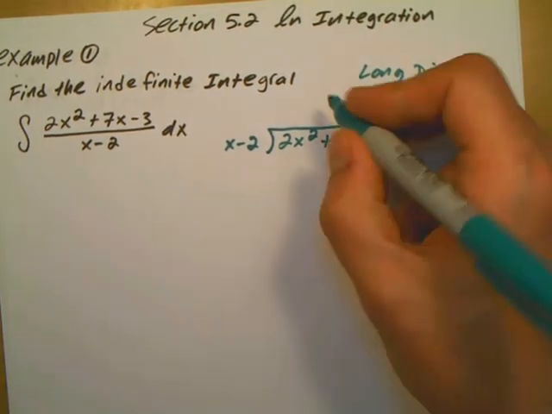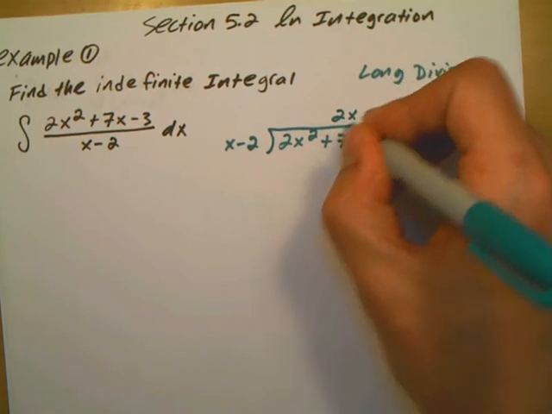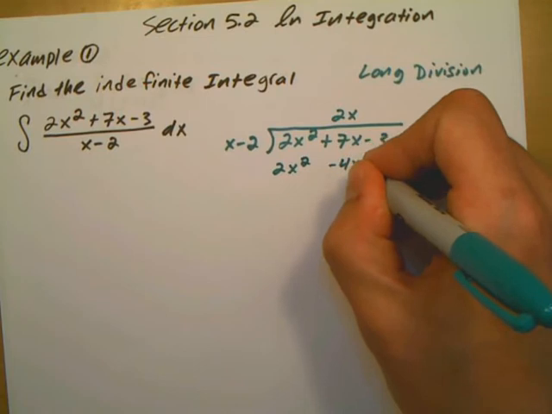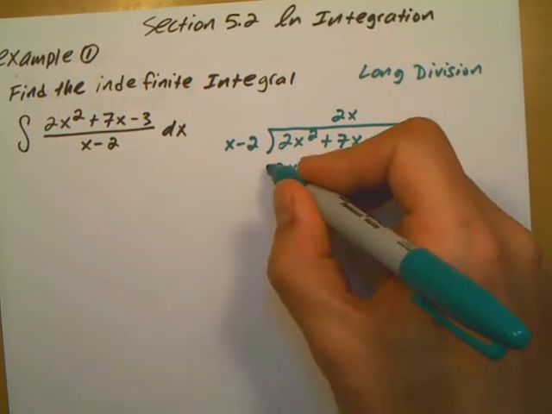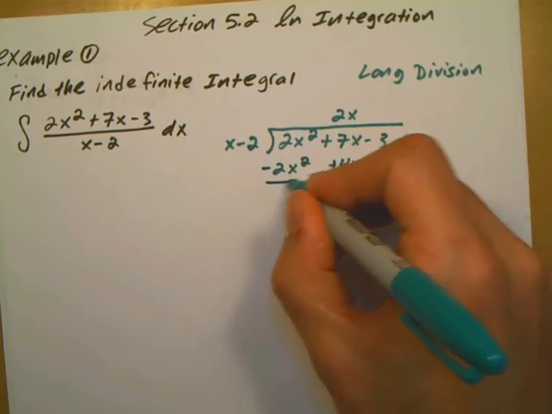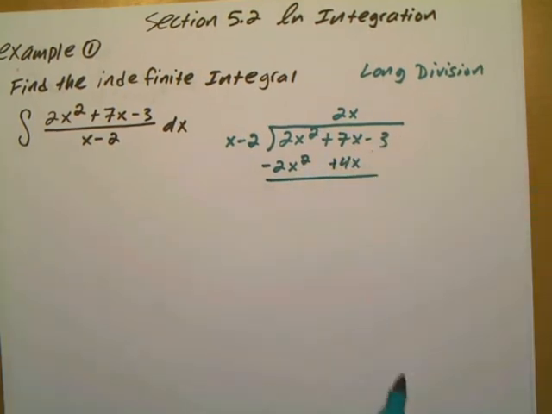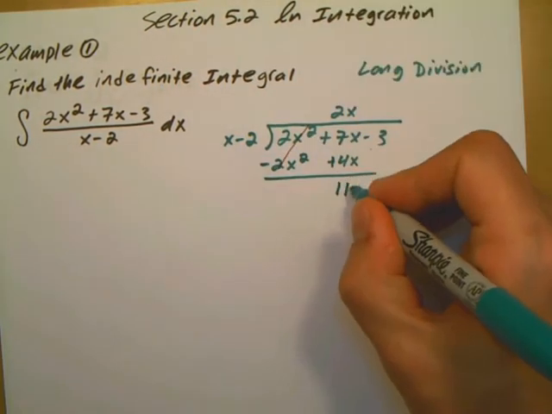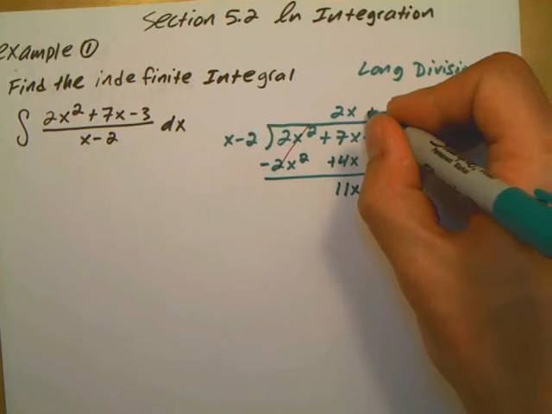Alright, so I can divide this by 2x. It's going to be 2x squared minus 4x. Then you go ahead and switch the signs, or you're same thing as subtracting, so this becomes negative, this is positive. Alright, and let's see here. This crosses off. So now I get 11x, and then this will be plus 11.